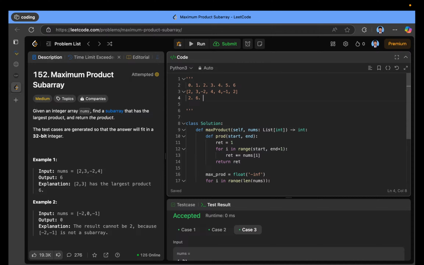Product is 6, 12, and 12 should be negative. 2, 6, 12, and now 4. Oh man, my math isn't good. 12 times 4 is 48, and 48 minus 48.